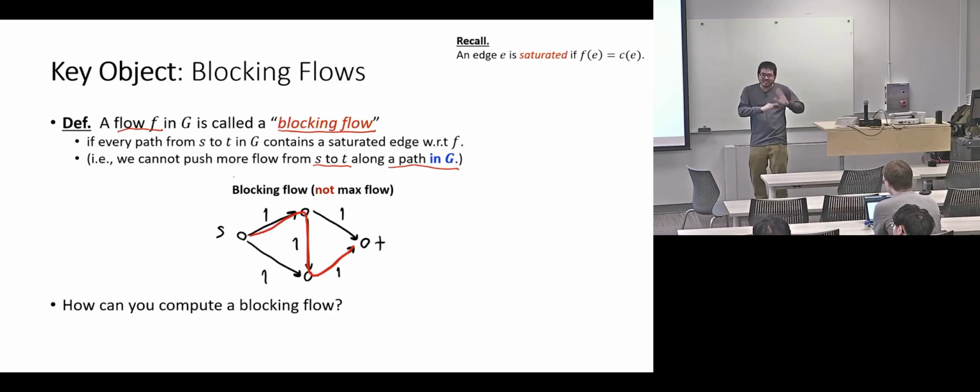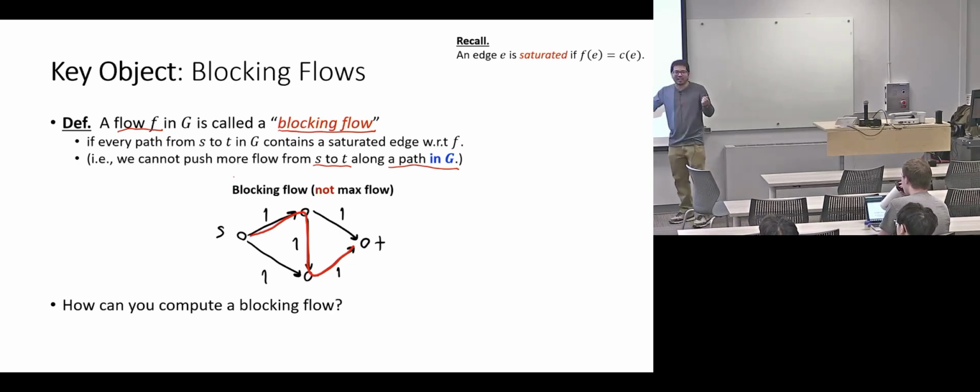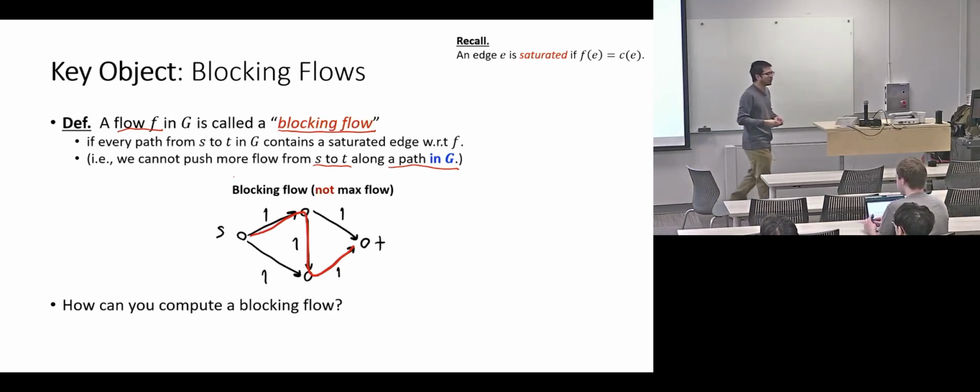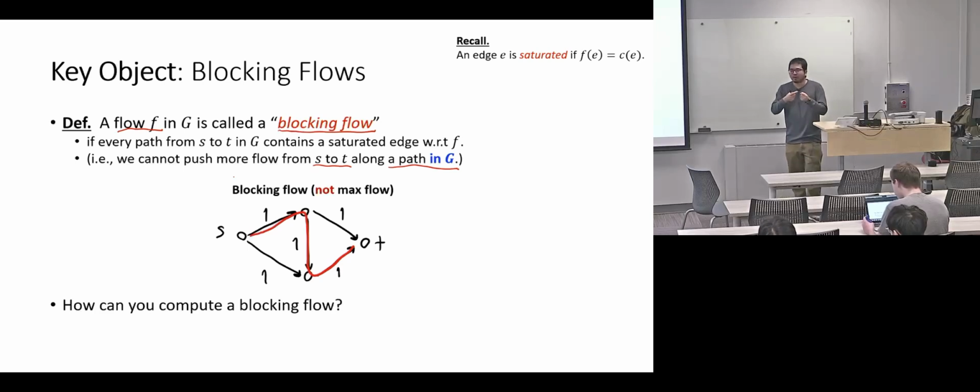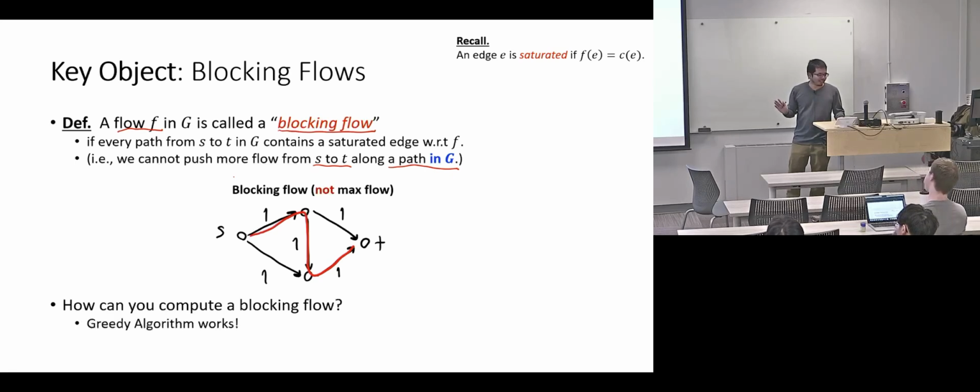The original greedy one is exactly the one that computes a blocking flow, because it just keeps finding a path in G that you can augment. Once you cannot find an augmenting path in G, it means this is a blocking flow. It might not be a maximum flow, but it's a blocking flow.